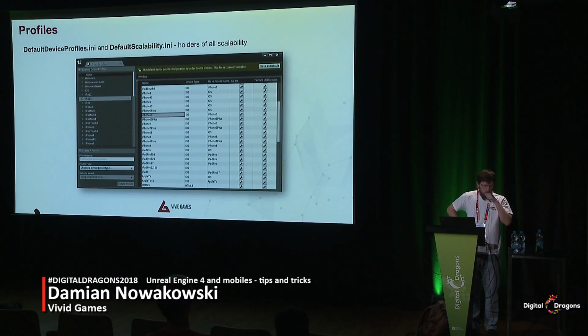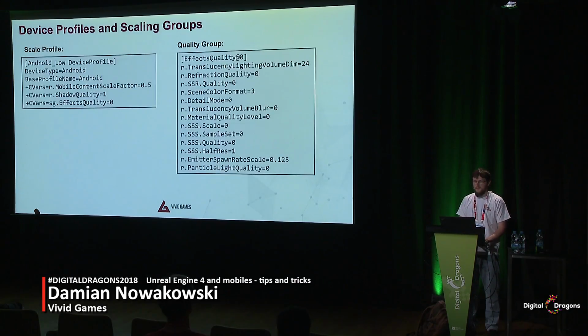And all of them are holding all of the information you have to know. You can display them in the editor, but I usually prefer to just check the files themselves. And for example, in the defaults and in the scalability configuration file, you can check the settings that are set for specific versions of the mobile.